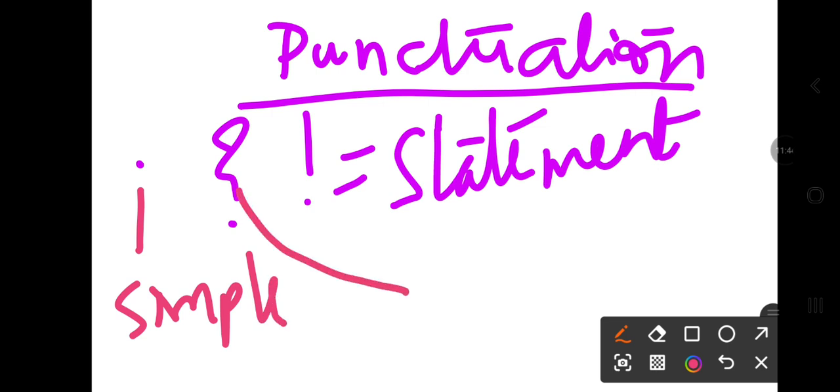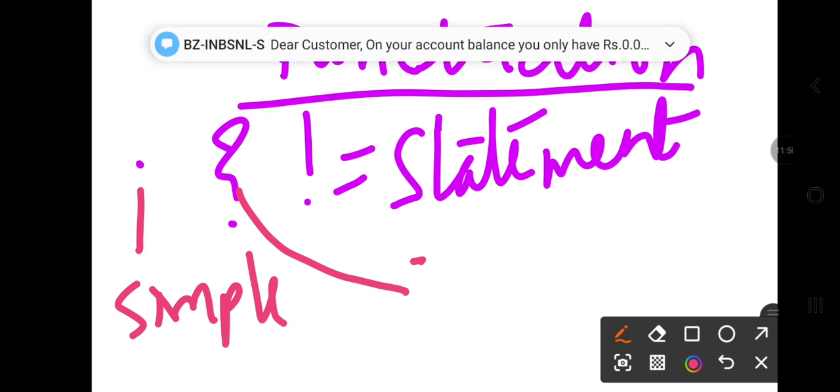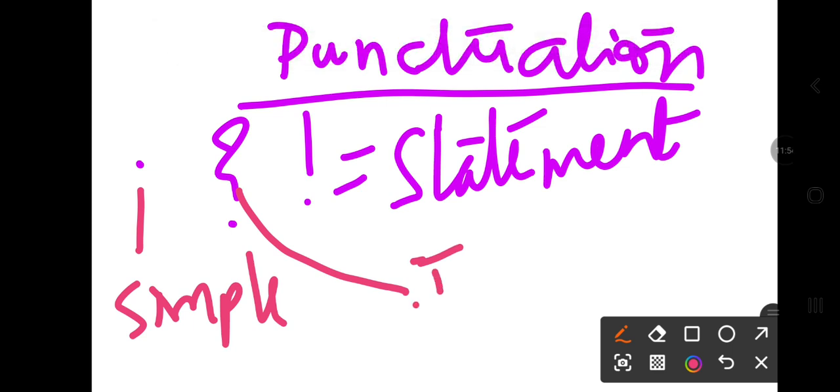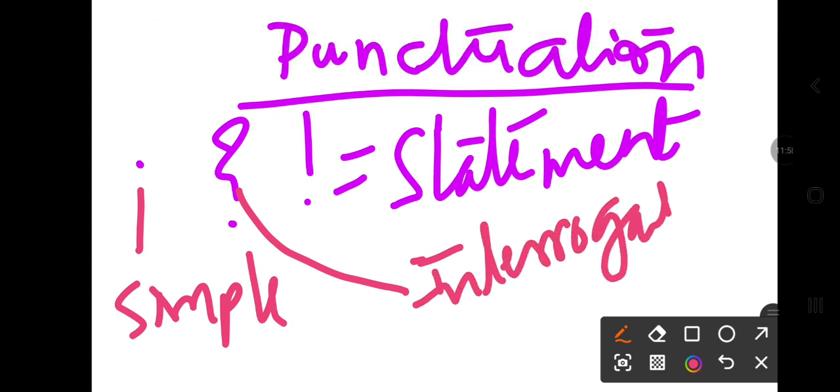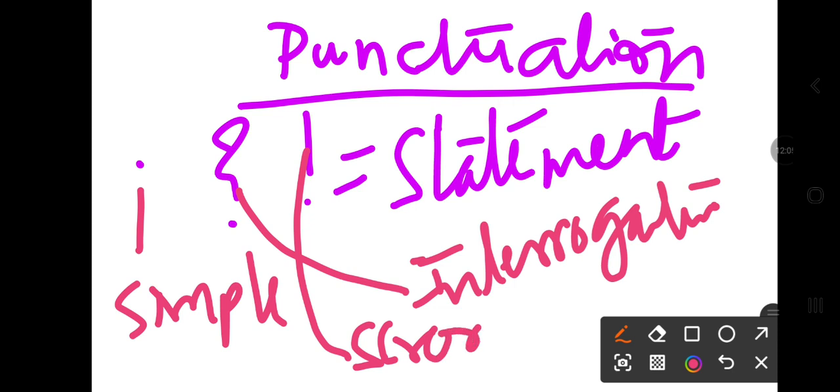Question mark is for questions or interrogatives, and exclamation for strong feeling, right? How? I'll give you an example.